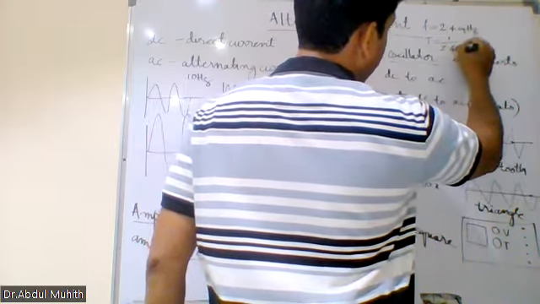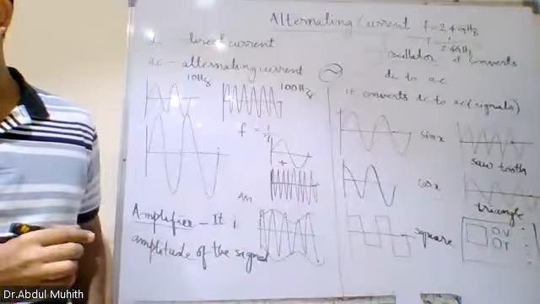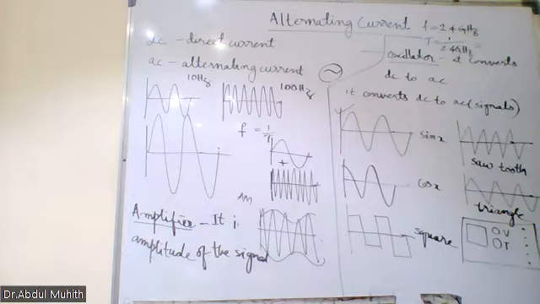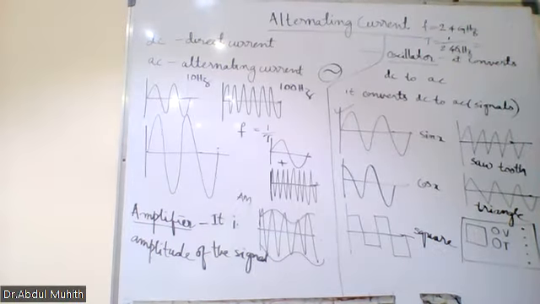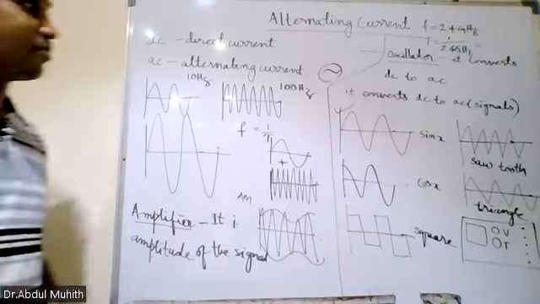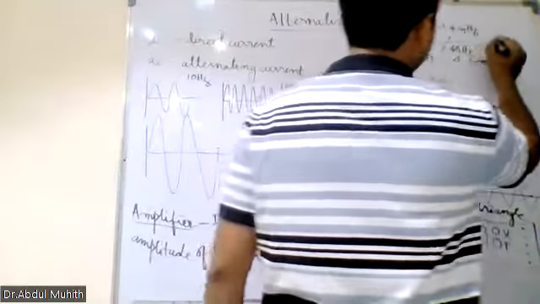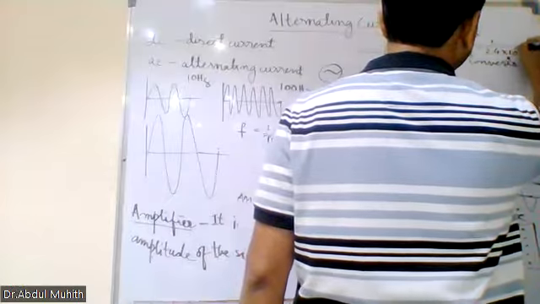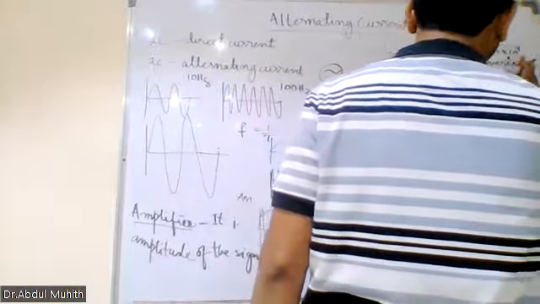What is giga? 10 to the power of 9. So that is 1 by 2.4 into 10 to the power of 9 hertz, which will become the time period.